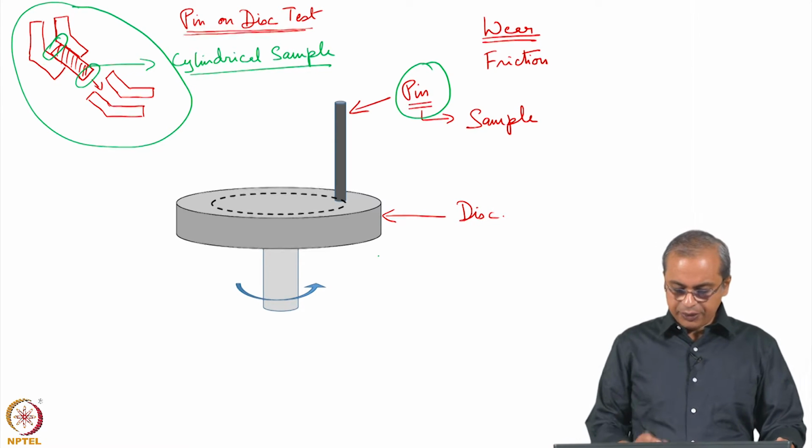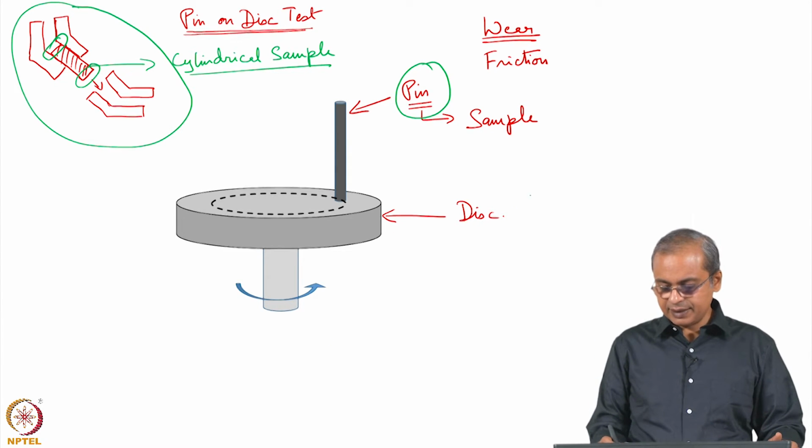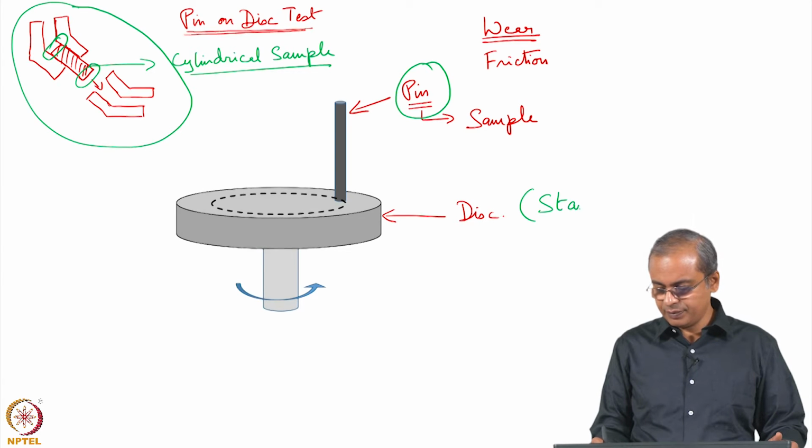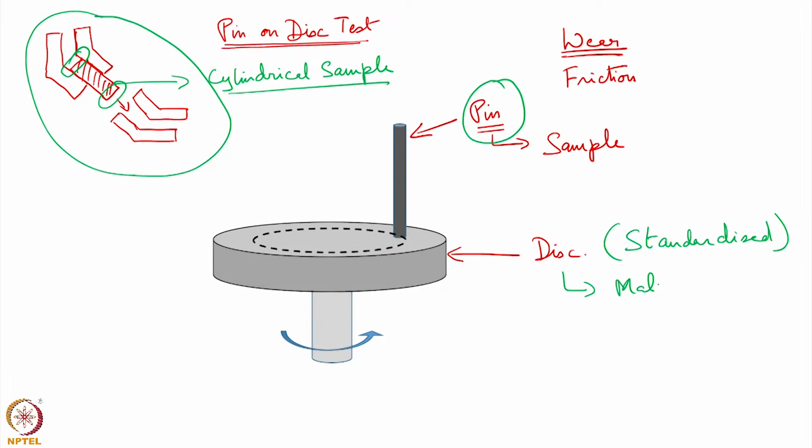So, you get the pin and you get the disc, and the way the test works is that this disc is also some standardized disc. So, this is standardized in some form, which means the material is fixed and the roughness is fixed or specified.